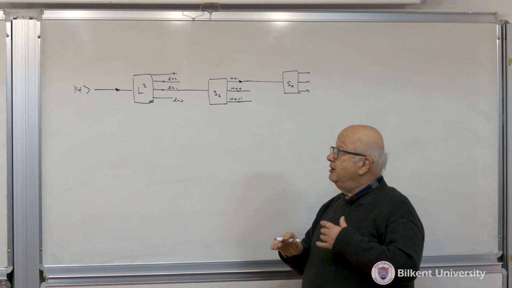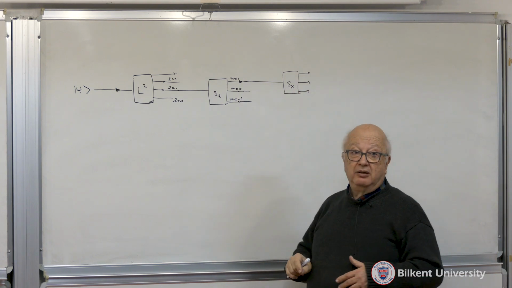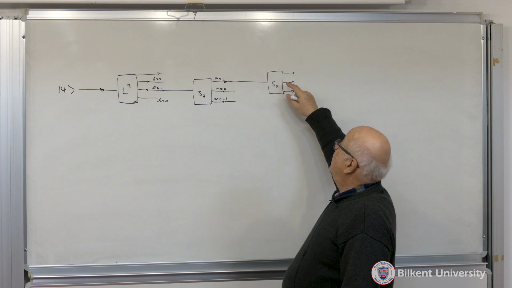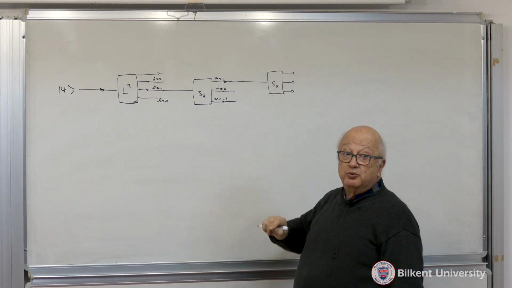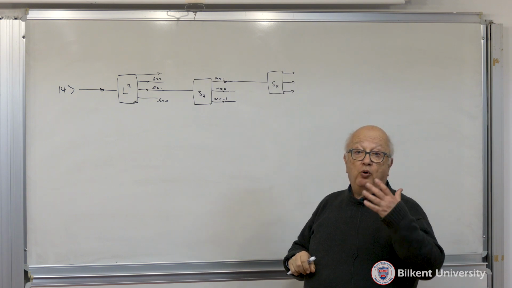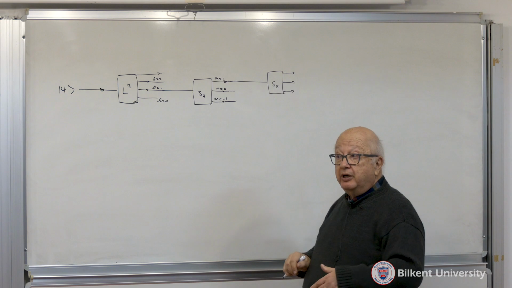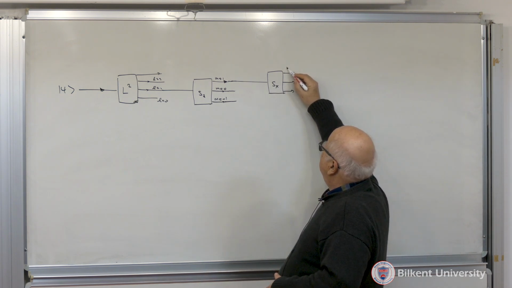Now the eigenstates of Sx, just like Sz, are going to contain an M equal to 1, M equal to 0, M equal to minus 1, but it's going to be the component of the angular momentum in the x direction. So it's going to be a completely different set of eigenkets.